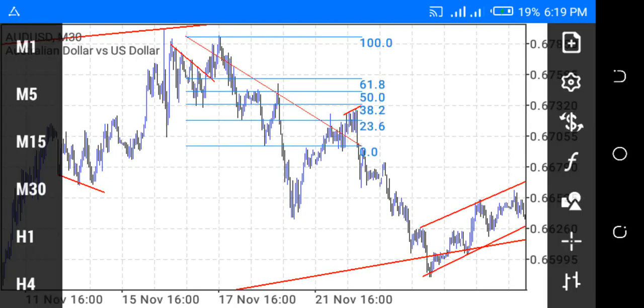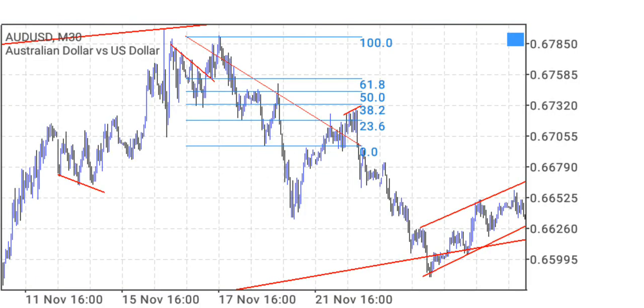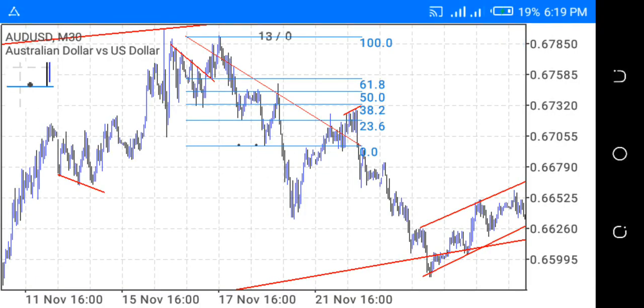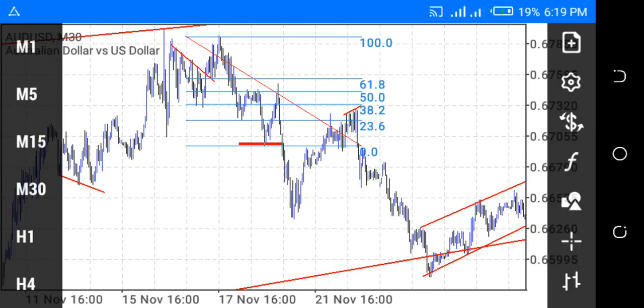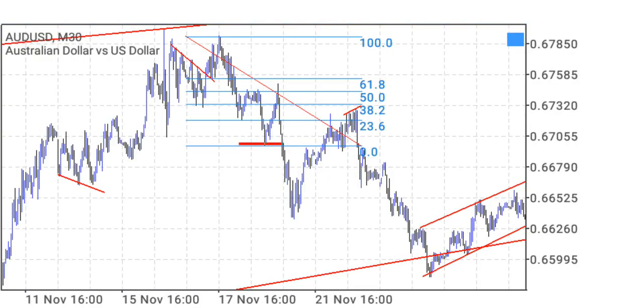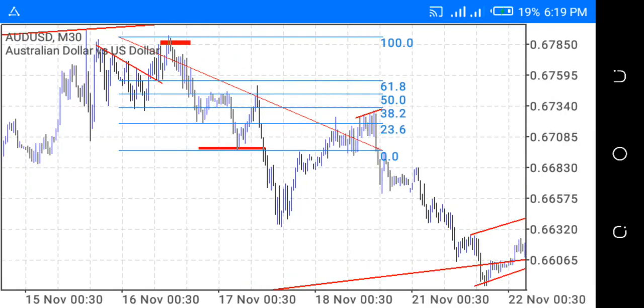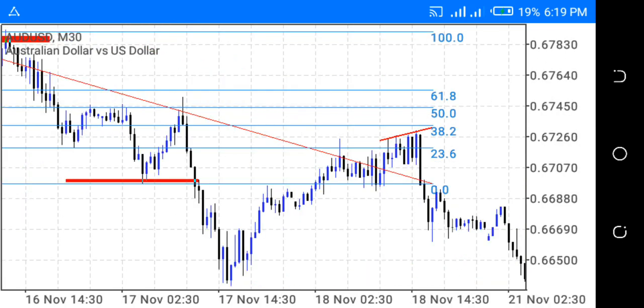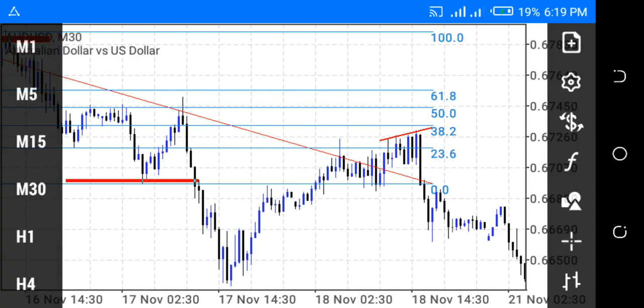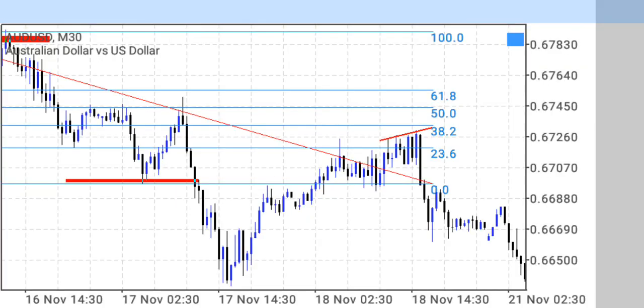This swing low and this swing high. So where did the market retrace to? The market actually came to the 38.2 fib zone. See, can we see it here?